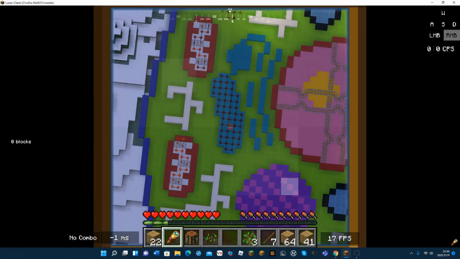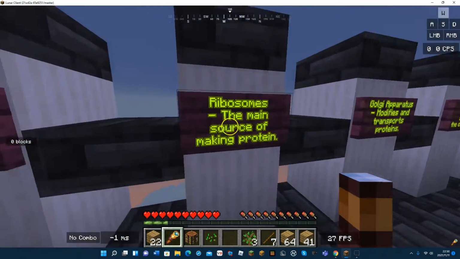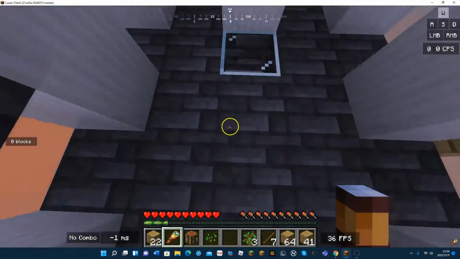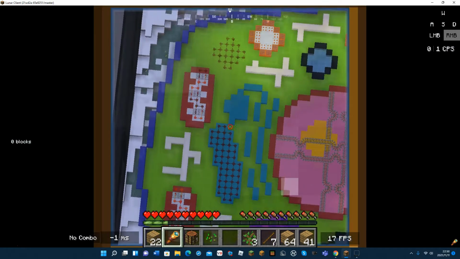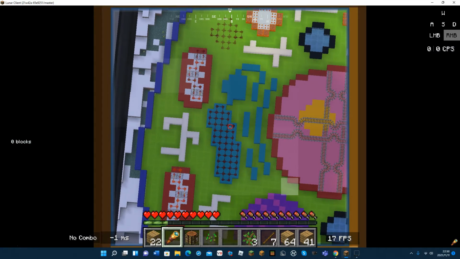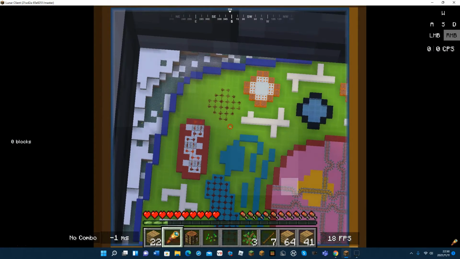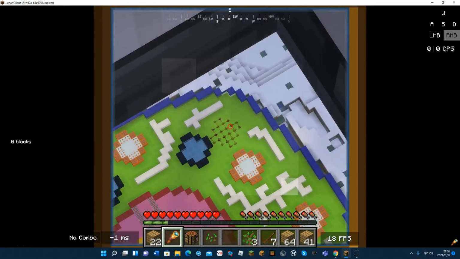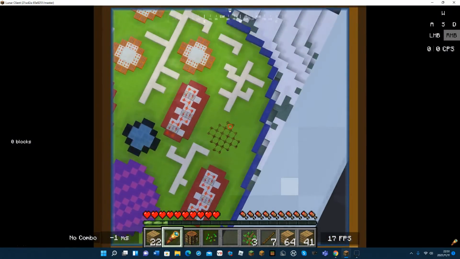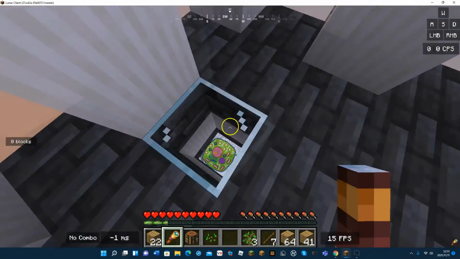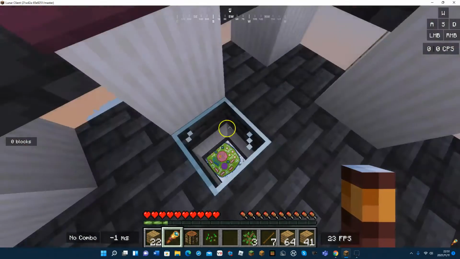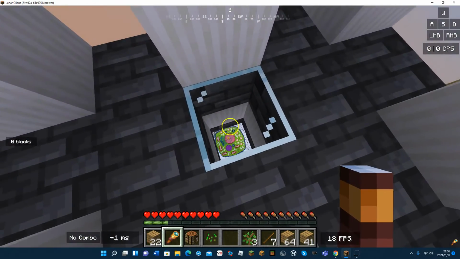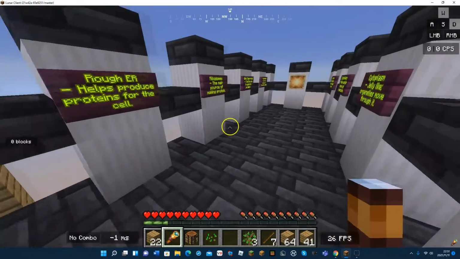And those dots are ribosomes, which is our next thing, which is the main source of making protein. So the rough ER just helps out, but the main source is the ribosomes, which are also located here and in other parts, like right there and down here. So they make a lot of protein for the cell, which is important for the cell's health.